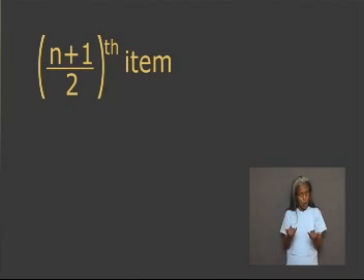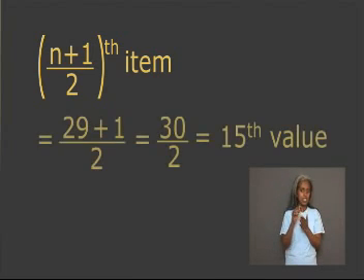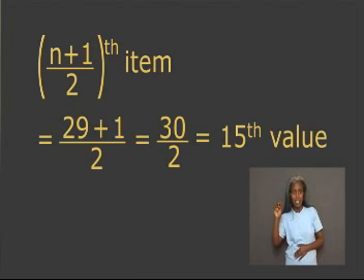Now that we have found the mean, let us find the median. We will begin by checking whether n is even or odd. In this case, n equals 29, which is odd.